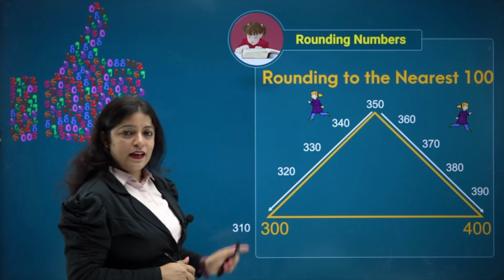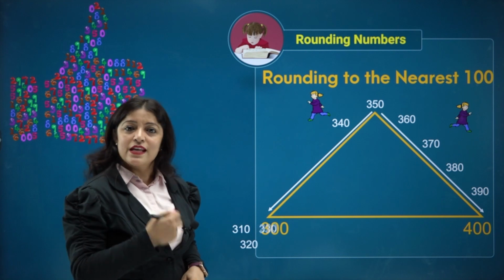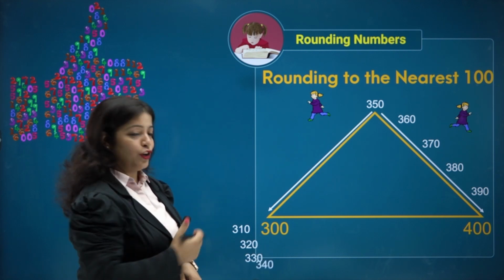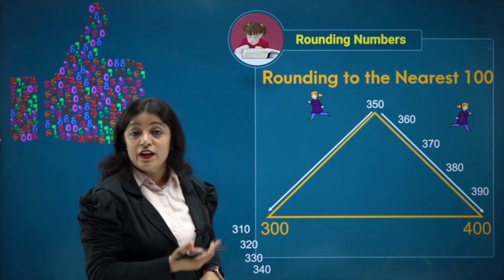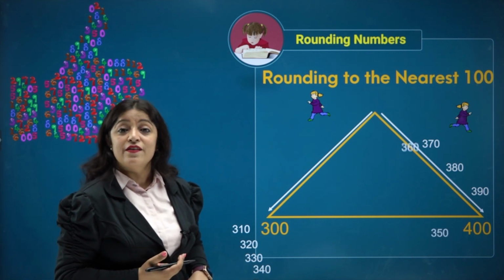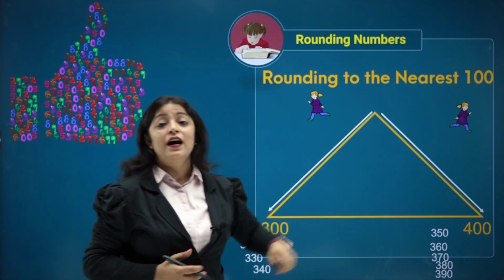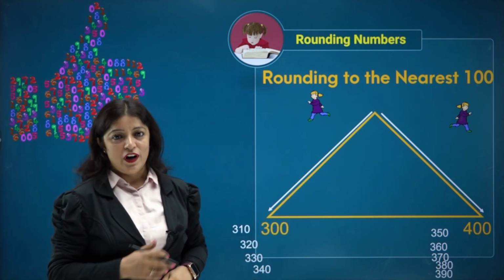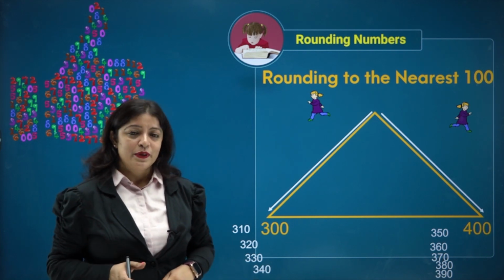So 310, 320, 330 and 340 will all be rounded off to the number 300. But 350, 360, 370, 380 and 390, they all will be rounded off to the next higher number, that is 400. So I hope it is now clear to you how to round off the number.